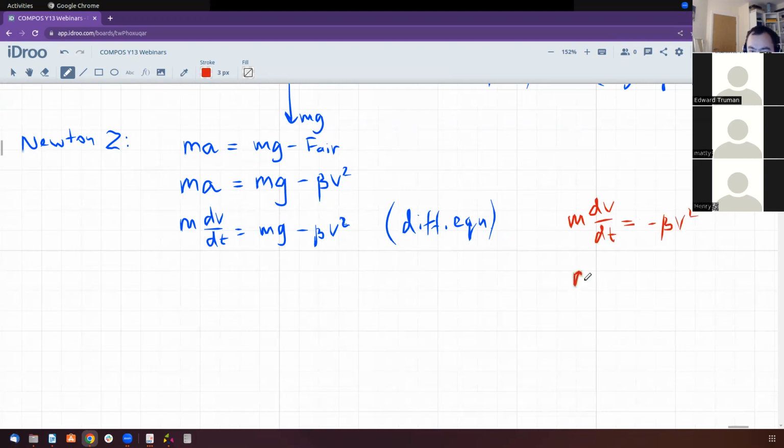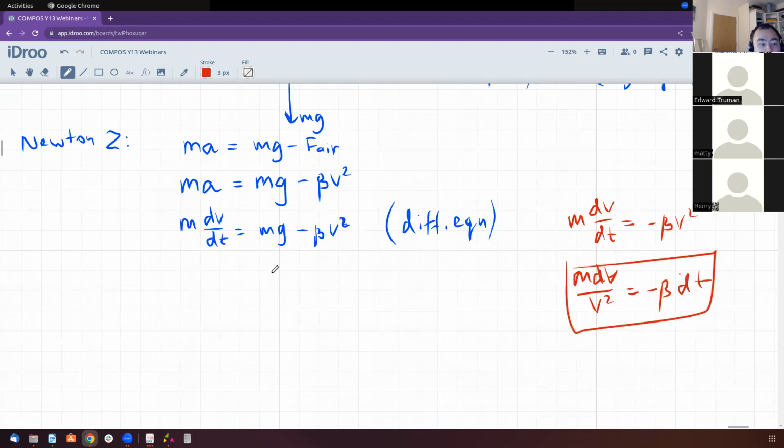You would just do m dv over v squared equal to minus beta dt, right? That's separation of variables. Who can help me how to separate this?